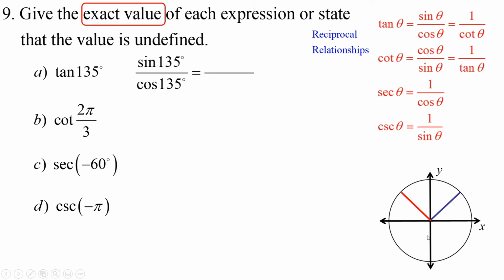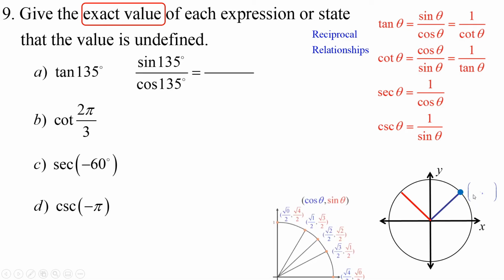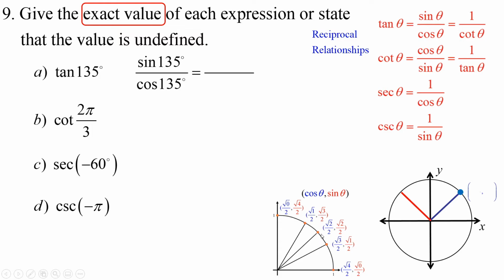And I know sine of 45 degrees is this distance right here, root 2 over 2, from my first quadrant reference angles. So this point has to be, the x is root 2 over 2. And again, I'm just using my diagram here. And the y is root 2 over 2. So here we have it now.